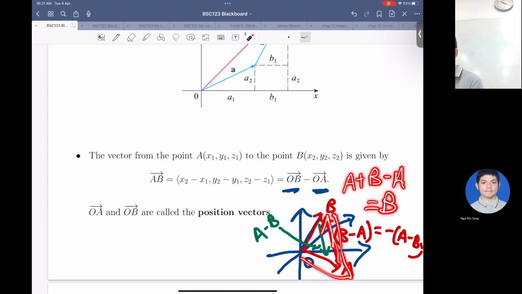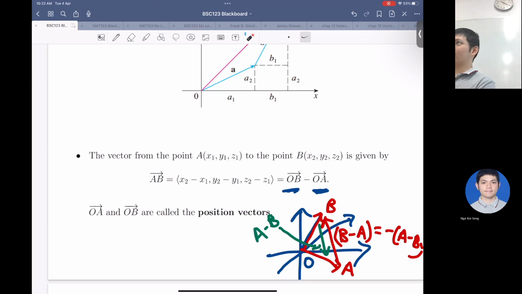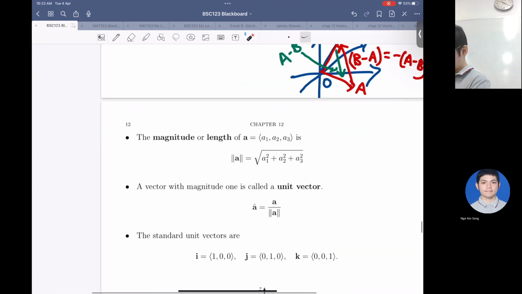So this direction is b minus a. And this direction is a minus b, because b plus a minus b is a. So instead of thinking of difference, you can think of it as addition.